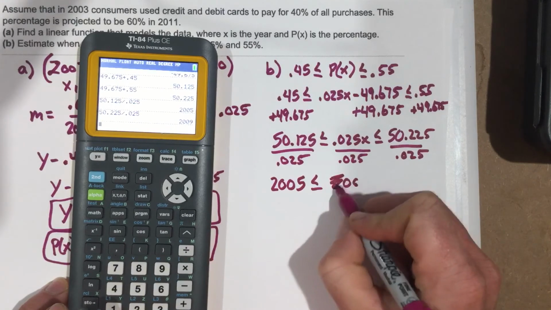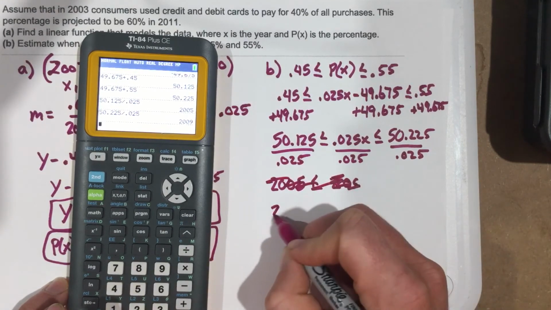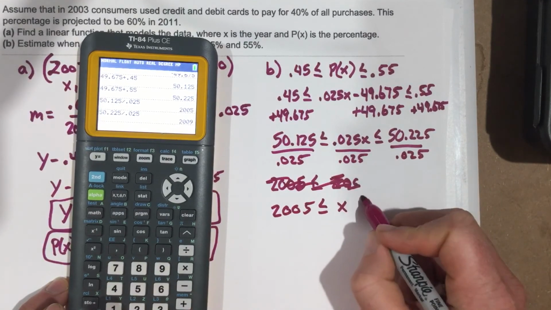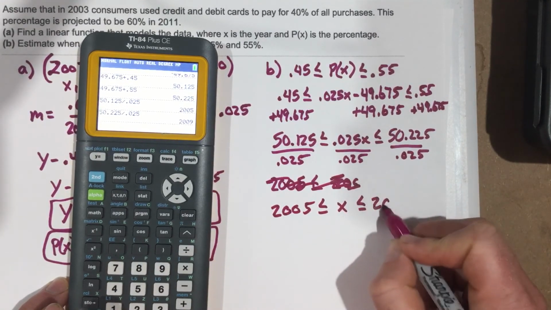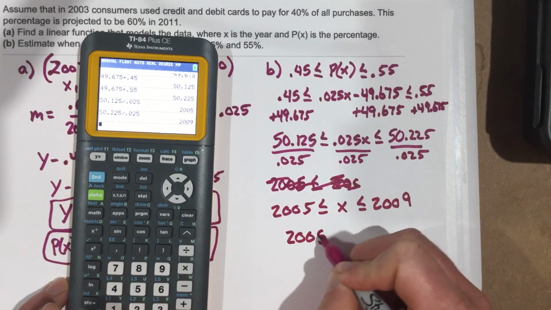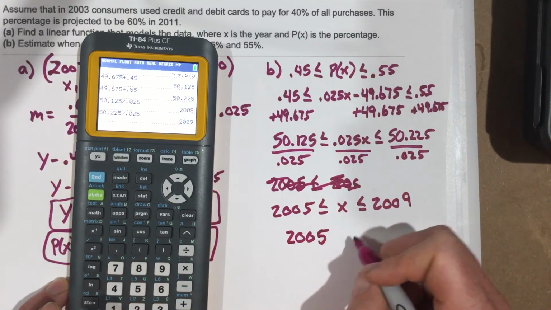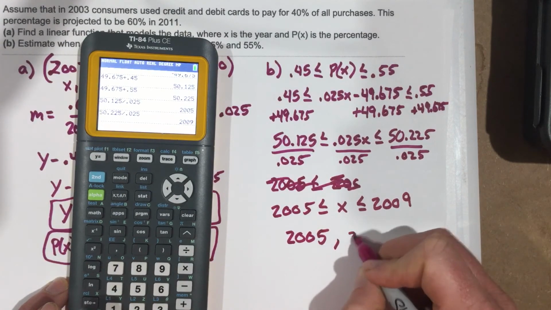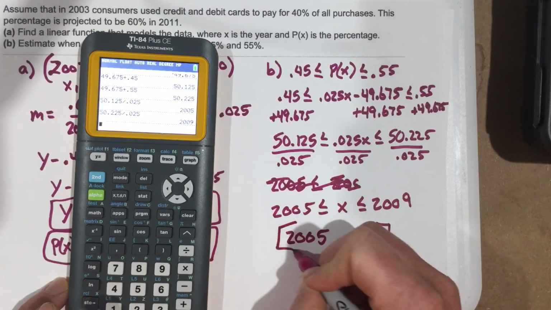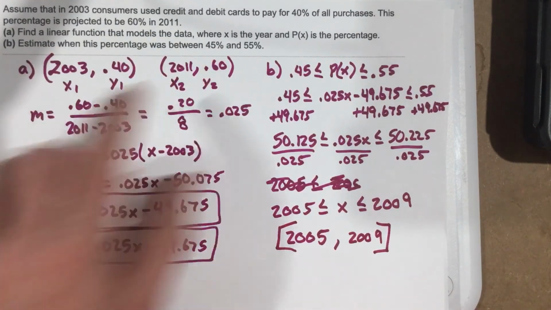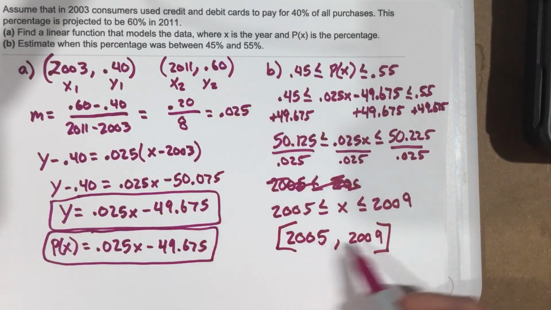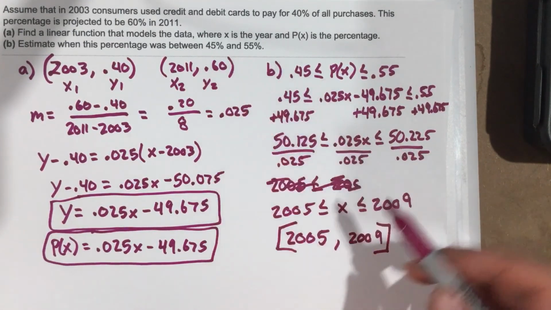I'm going to rewrite this. That's 2005 less than or equal to x less than or equal to 2009. Meaning from year 2005 to 2009, our percentage was 45 to 55%. So between these 2 years, that's when the percentage was 45 to 55%.